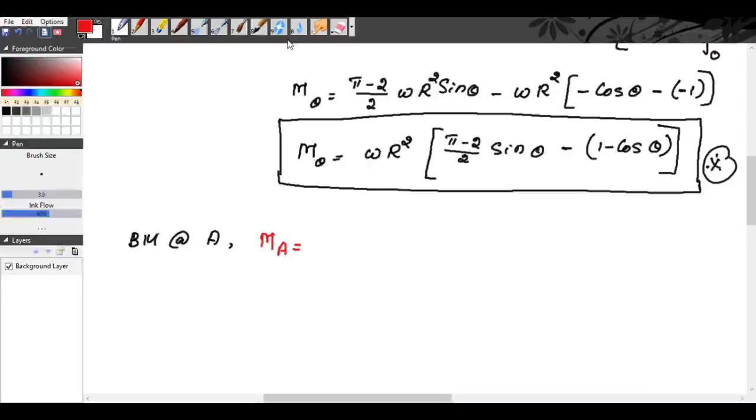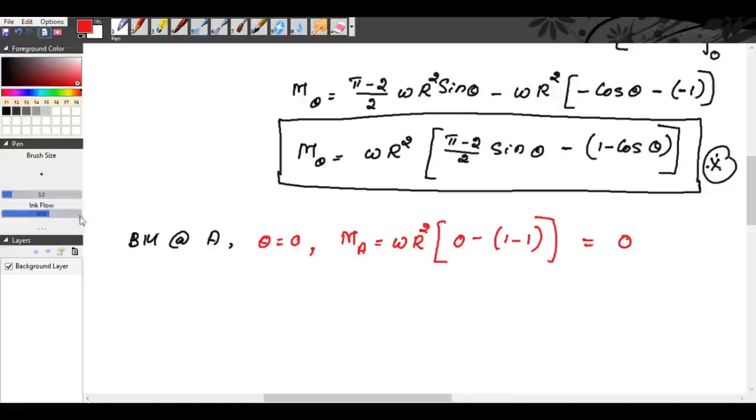So at A, we know θ is equal to 0. So bending moment at A, MA will be equal to WR² into sin 0 is 0 minus, 1 minus cos 0 is 1. So you get 0. 0 into any number is 0. So bending moment at A is 0. Now what is the bending moment at B?